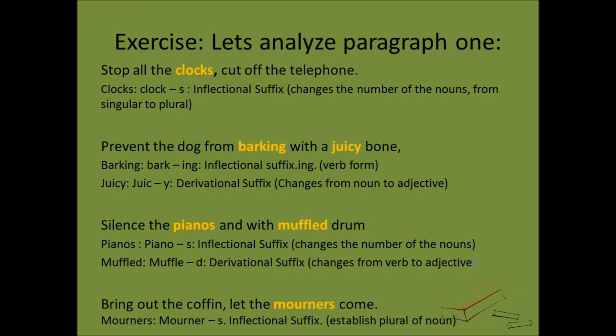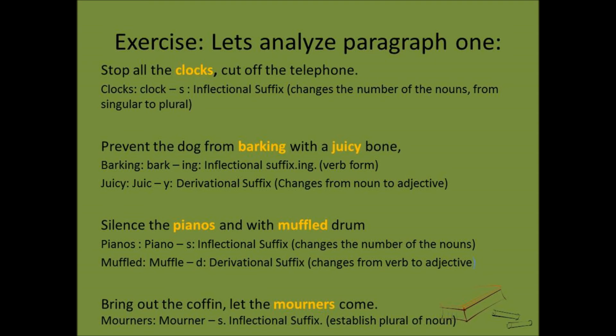Next, we have prevent the dog from barking with a juicy bone. Okay, good. Barking and juicy. Barking has an inflectional suffix, right? It's an ing verb form. Then we have juicy, which has also a derivational suffix because it changes from noun to adjective, so it changes the meaning of the word.